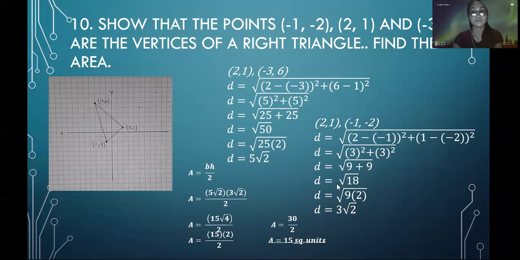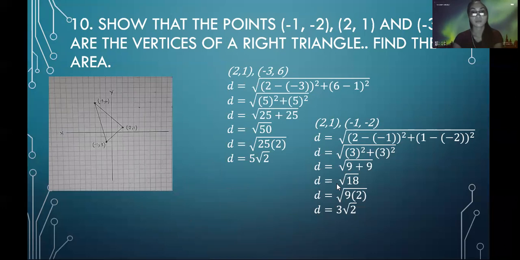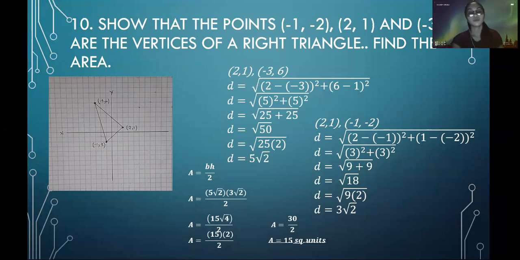To find the area of the right triangle, we are also going to use the formula of area, which is A is equal to BH over 2. Substitute the value of B and the value of H. So here it is.